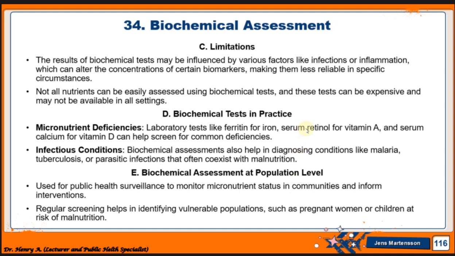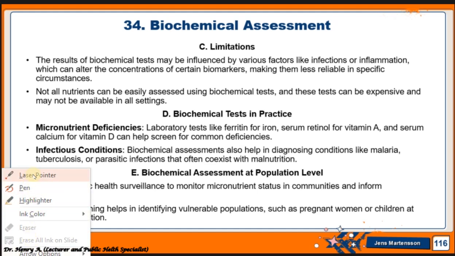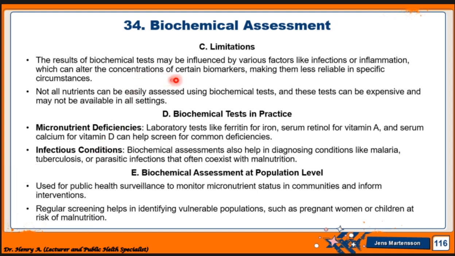What are the limitations? The results of biochemical tests may be influenced by various factors like infections and inflammation, which can alter the concentrations of certain biomarkers. And this will make them less reliable in specific circumstances, because when this biochemical test is carried out, there are factors that have a way of interfering with it.